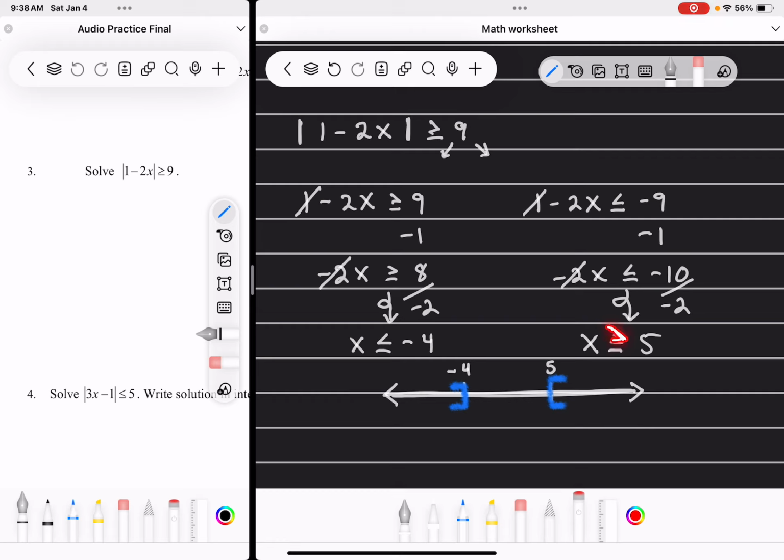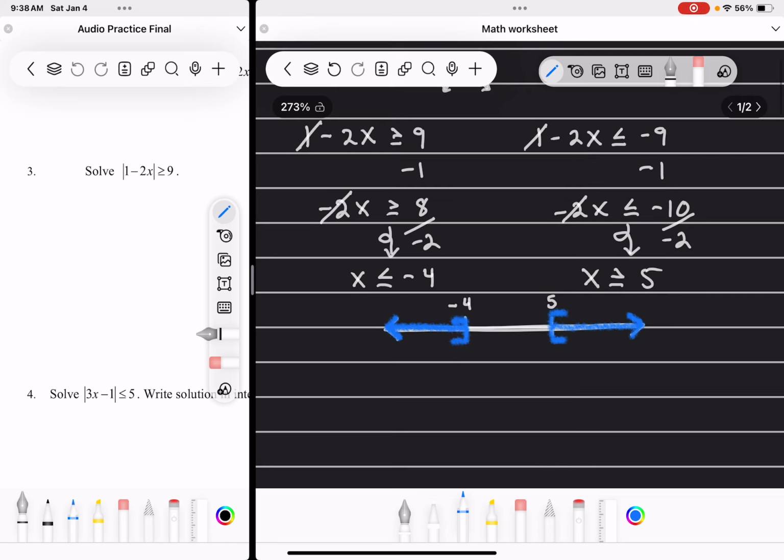This arrow is pointing to the right, so we are going to point to the right. And just how this one is pointing to the left, we're going to go to the left. Straight line, straight line. So we're going to graph across like this. And this would be our answer.